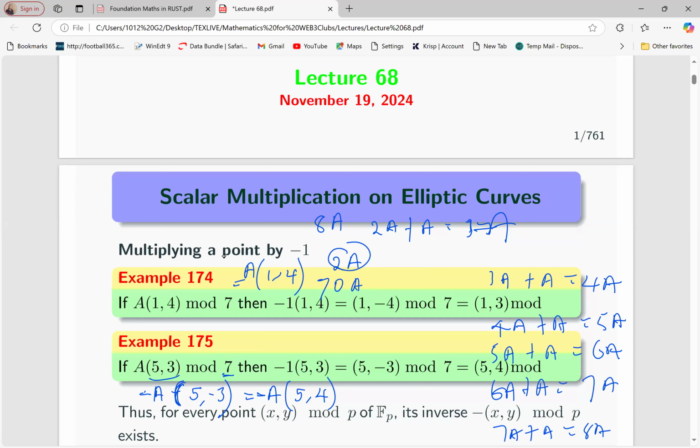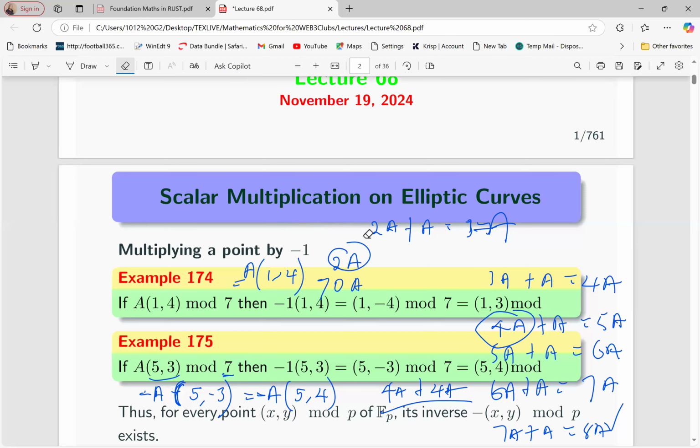So I can do that. Or if you want, you can come up to 4A and just add 4A plus 4A, and you are at 8A. You can still do that. So that is what the code will then be doing.